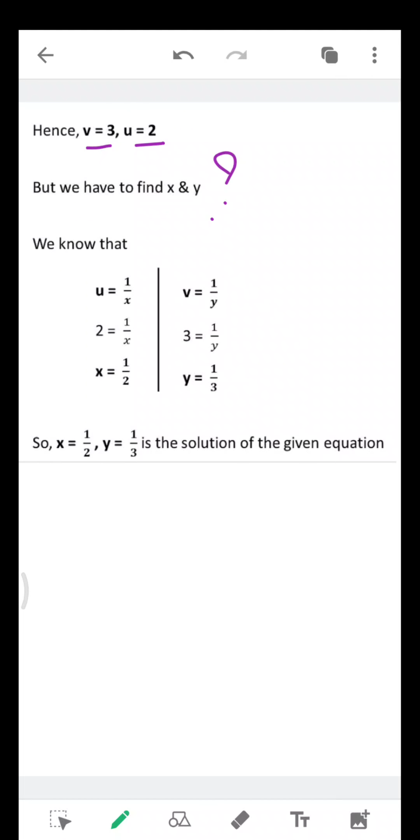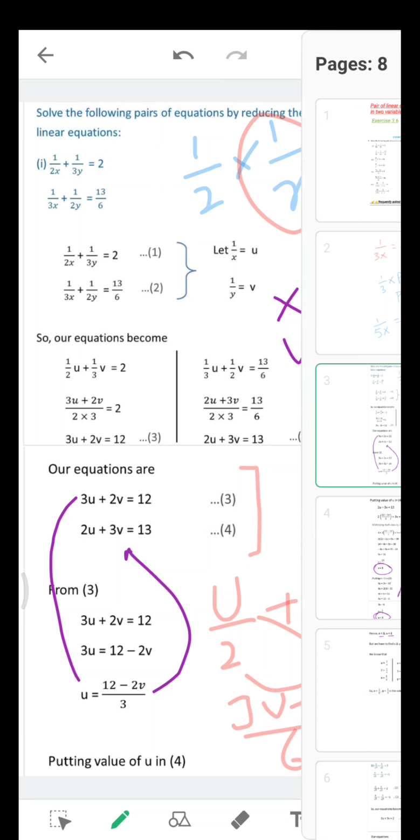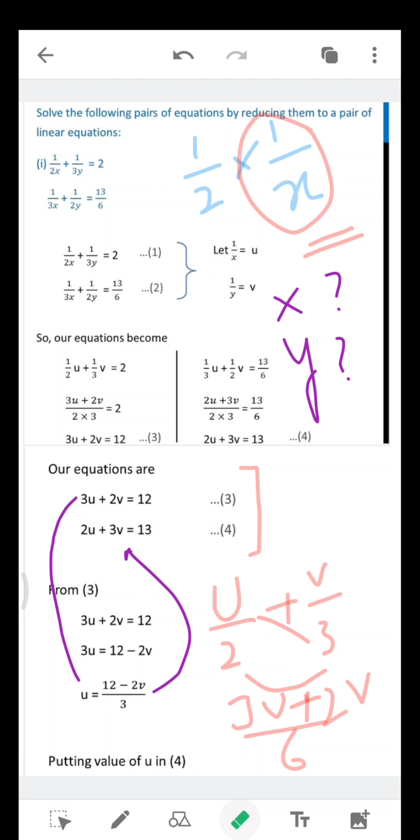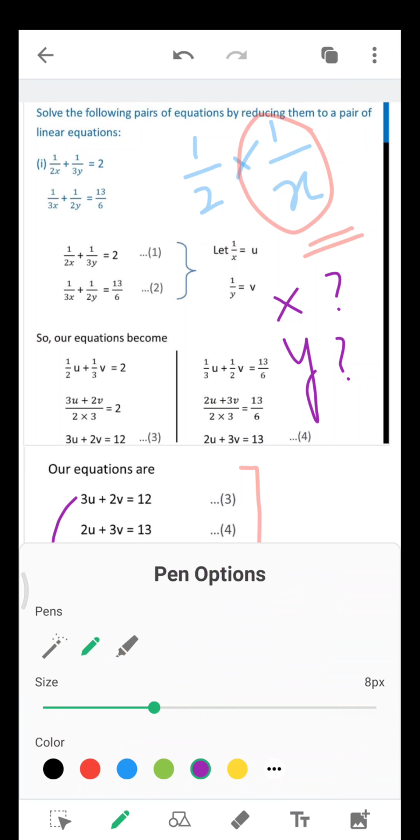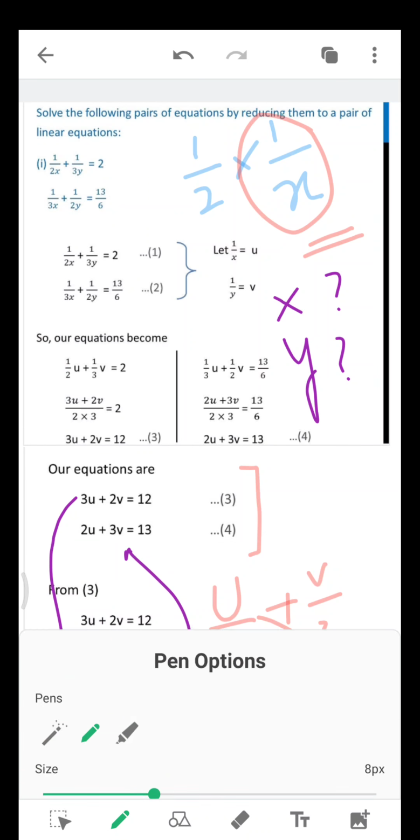What was our assumption here? You can clearly see our assumption here in the green color.